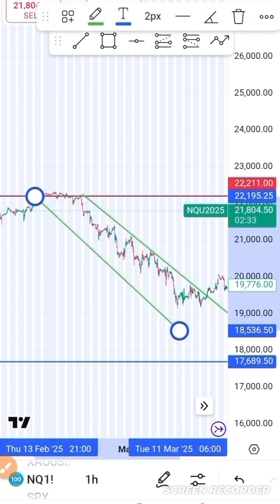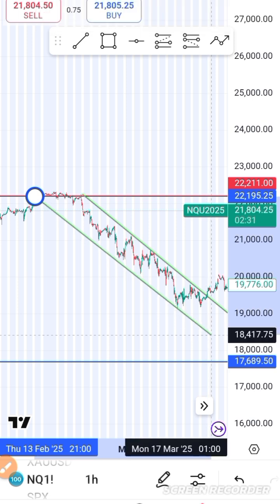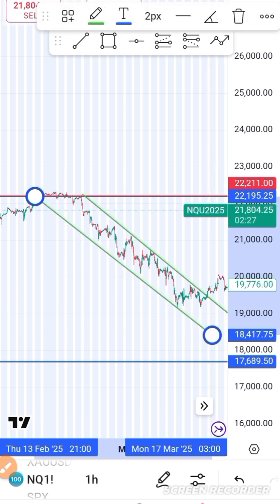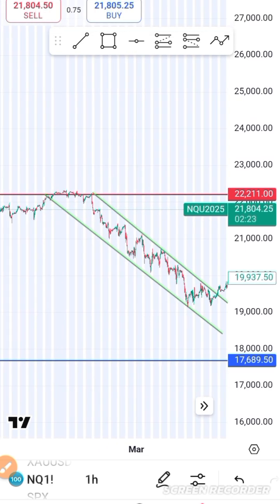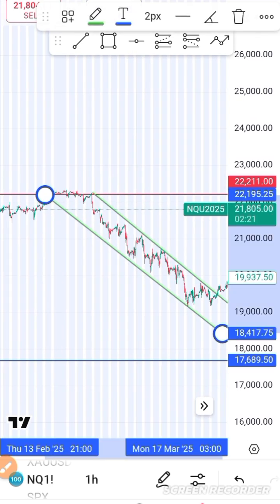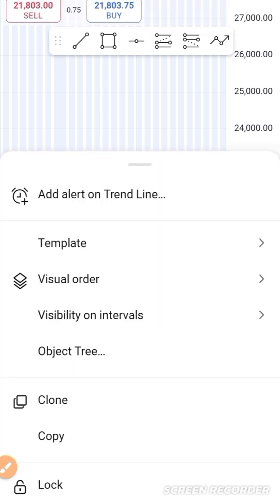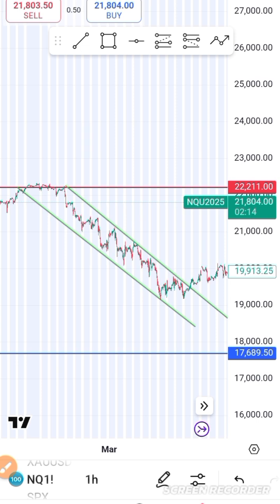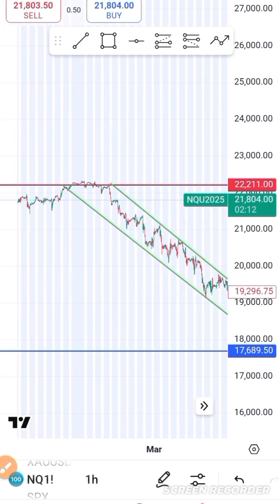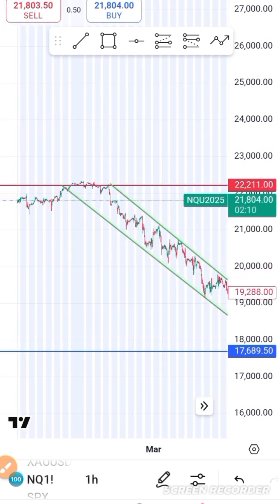You need to use a different color, not the same as your support and resistance colors, so that you can understand. Don't put blue, don't put red, just use any color you prefer. I prefer green on the charts. So as you can see here, this is a downtrend.